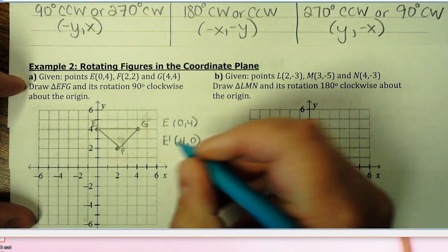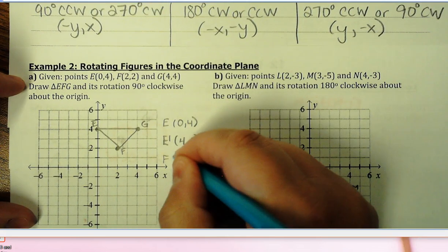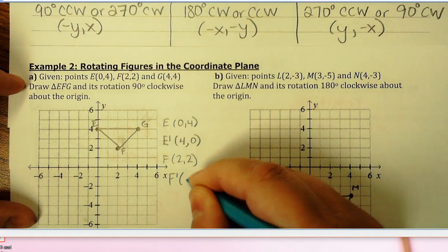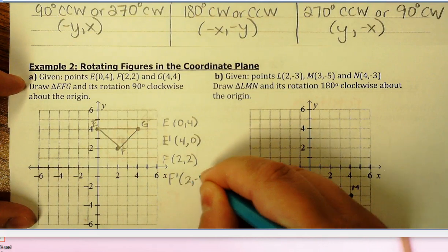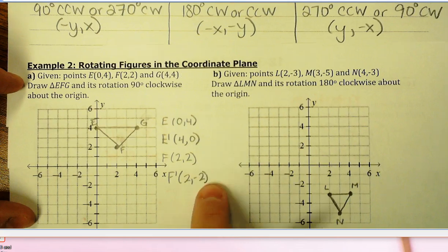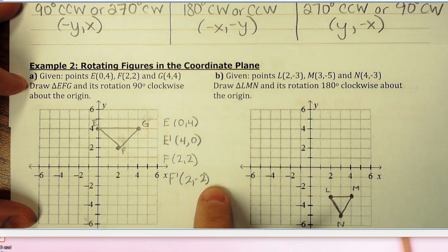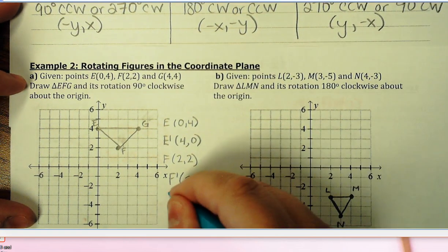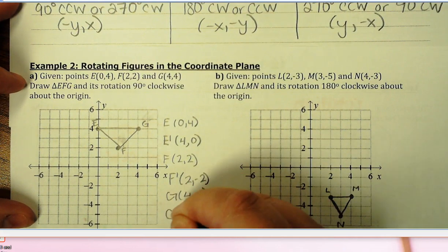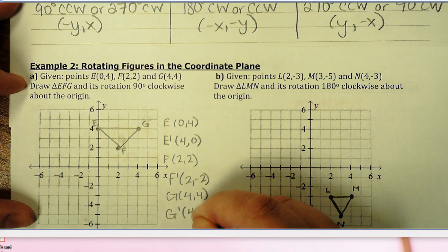Let's see. The point F is (2, 2). So F prime is going to become (2, negative 2). The y-coordinate becomes the x-coordinate, the x-coordinate becomes the y-coordinate, and it becomes an opposite. And then finally point G, the original is (4, 4). So G prime is going to be (4, negative 4).